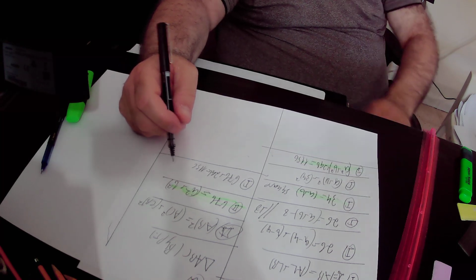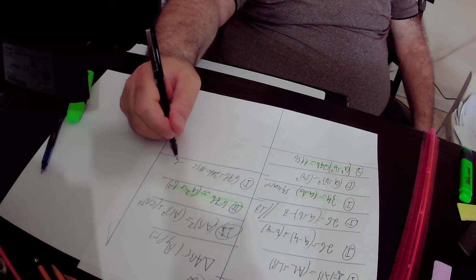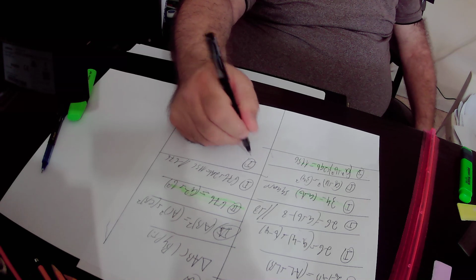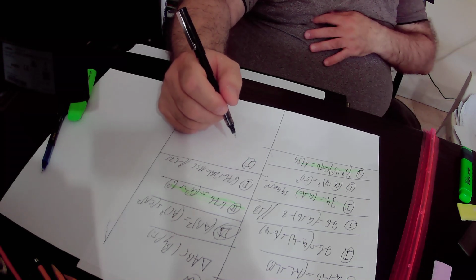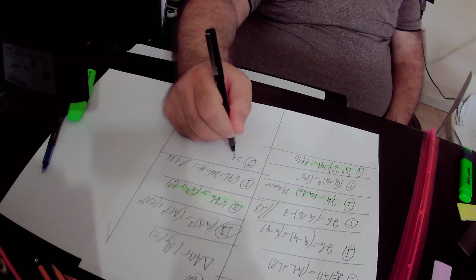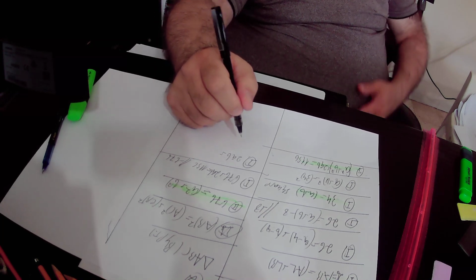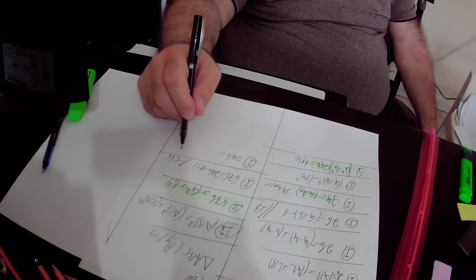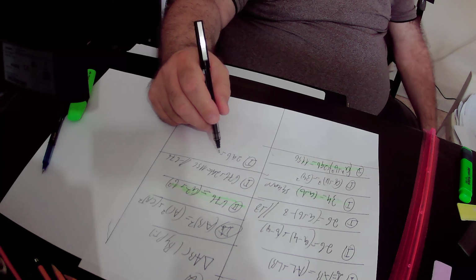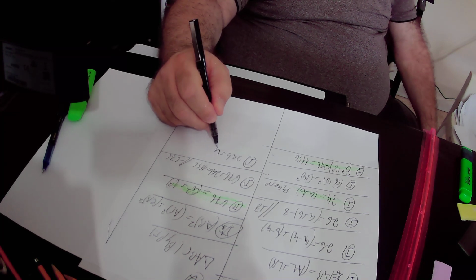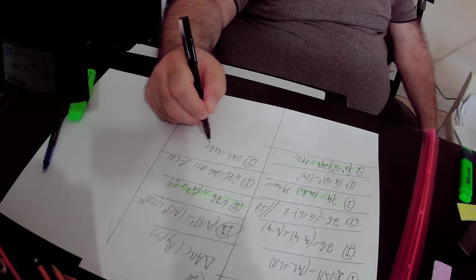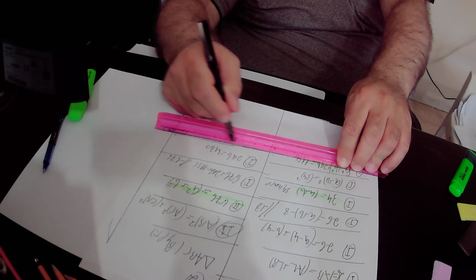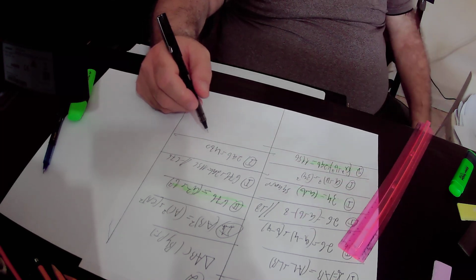So here we subtract 676 from this equation, and we get that 2 times AB equals 1156 minus 676, and 1156 minus 676 equals 480. Okay, so 2 times AB equals 480.